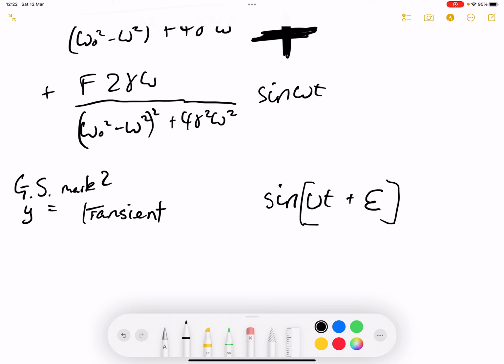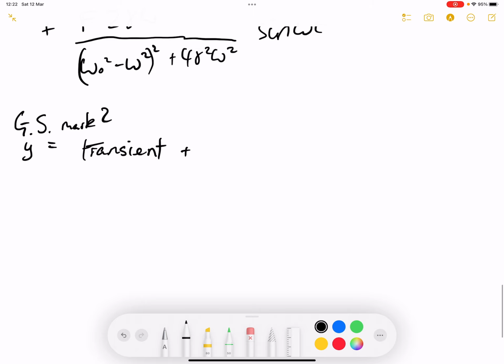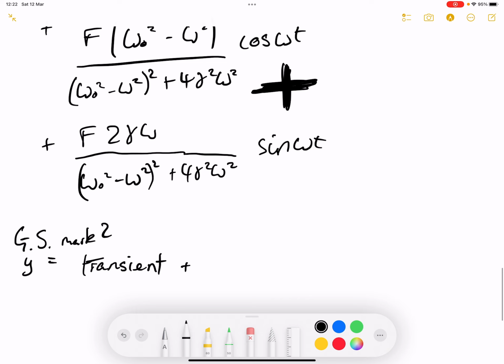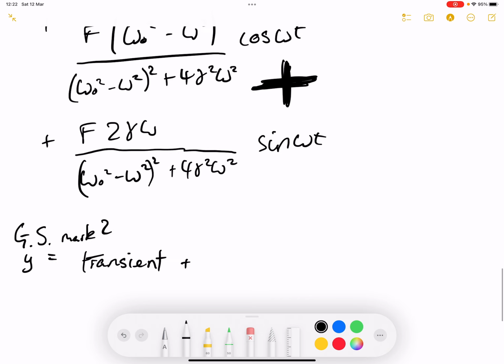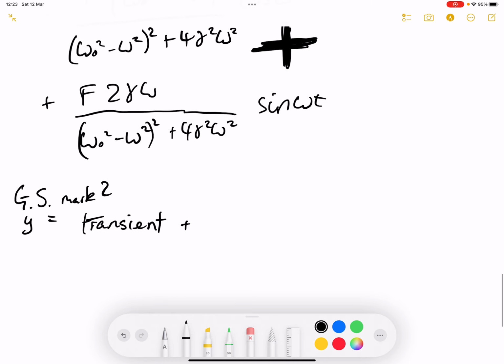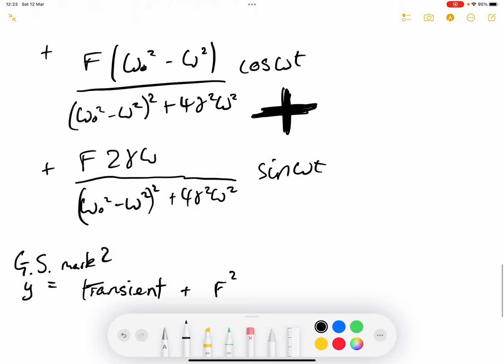Okay, what we're going to really deal with is this bit here, the r value, what it's been multiplied by. So it's the amplitude. That's what we're going to be dealing with. So transient plus, okay, we're going to do a bit of Pythagoras. Now they've got the same denominator, so that's very useful. So let's do a bit of that.